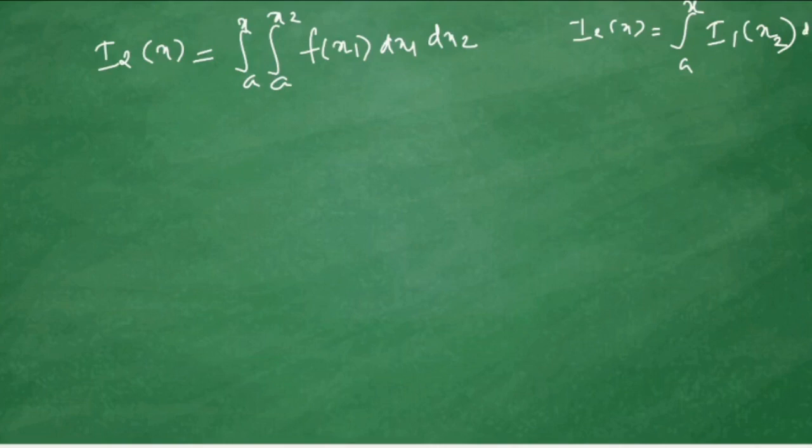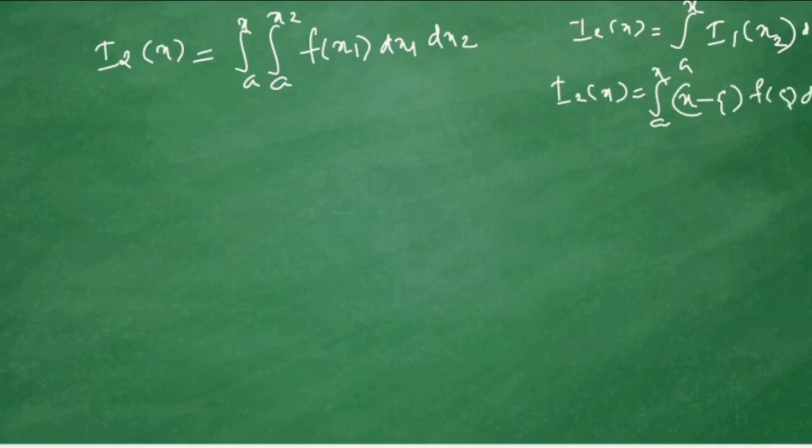And we know by definition I2 of x is integral a to x of x minus theta raised to n minus 1, that is x minus theta f of theta d theta.